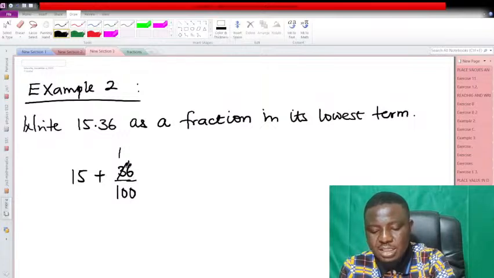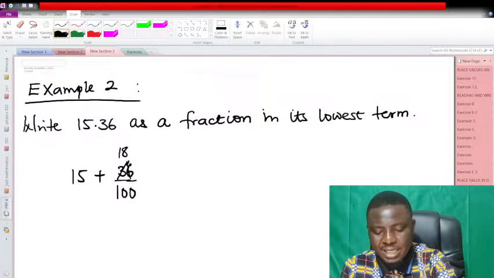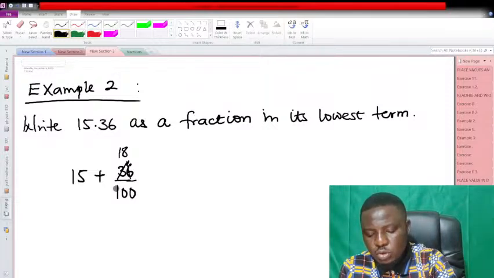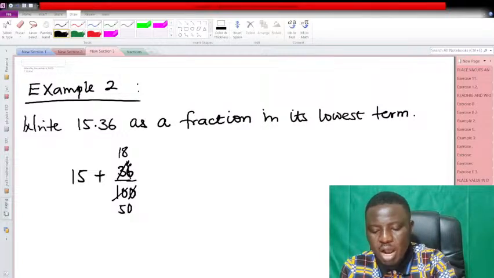And when you bring the next digit to it, it becomes 16. 2 into 16 is 8. So in essence, 2 into 36 gives us 18. And 2 into 100 gives 50. So we now have 18/50 as a fraction.